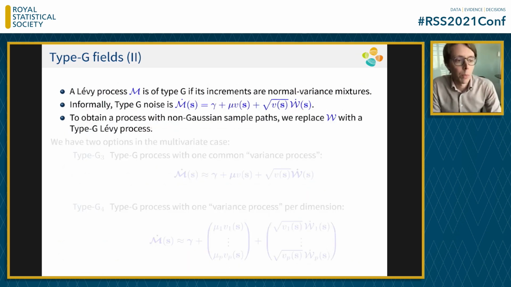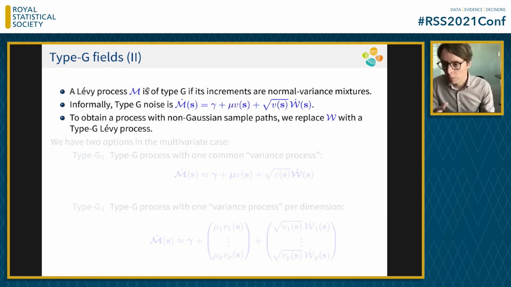So to get more flexibility, what we propose as the last 2 types of models is, instead of this Gaussian noise, to use noise that is derived from a so-called type G Lévy process. A type G Lévy process is simply a Lévy process where the increments are of this normal variance mixture type.